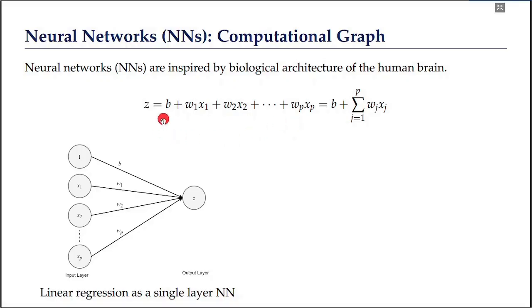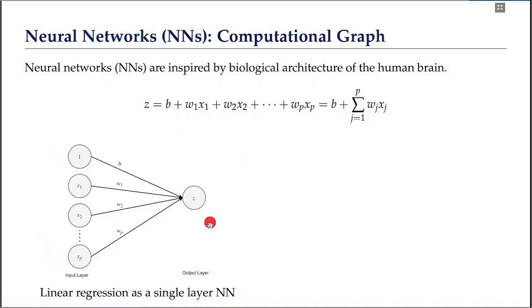So the inputs here are 1, x1, x2, up to xp. The input layer consists of p plus 1 input nodes. We call each input a node, represented by a circle.